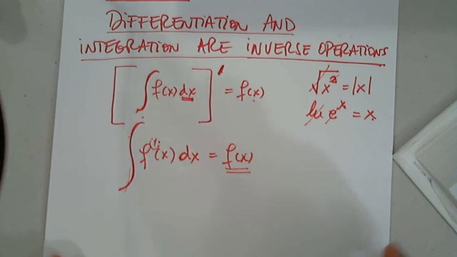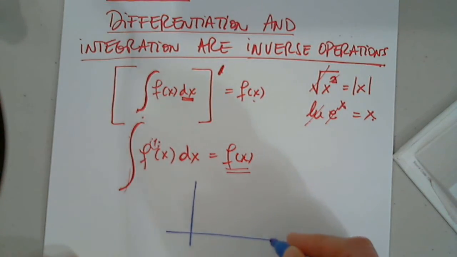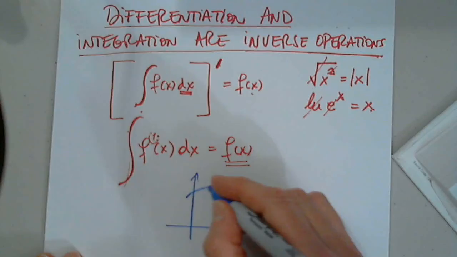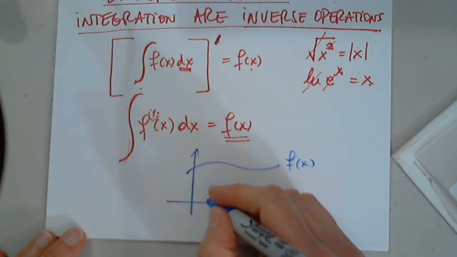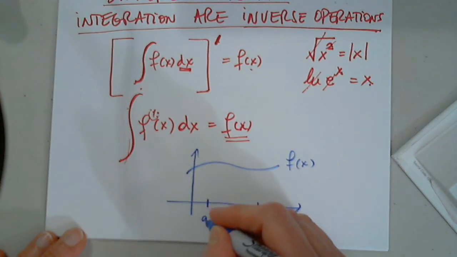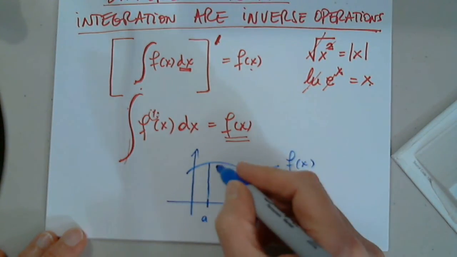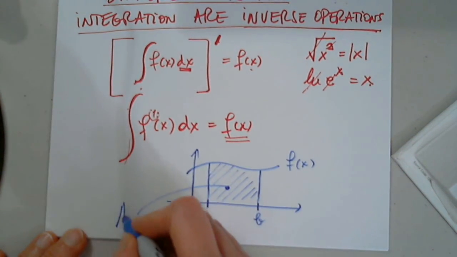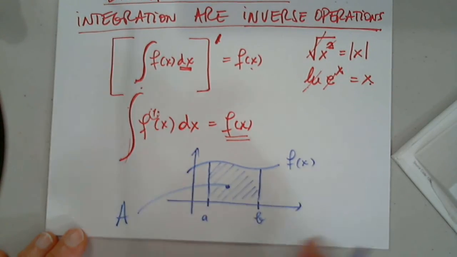Okay. How? What? Show me. Okay, so I'm trying to show you. Let's take a look at how this works. This is a function, f of x. And this is an interval, a comma b. This is the area under the graph. And can anyone give us the formula for the area?